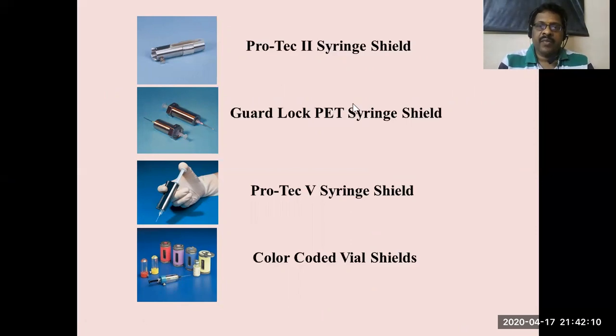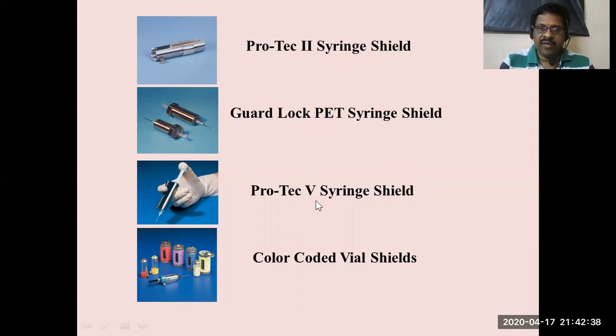There are many shielding equipments available in this regard. For example, the Protect syringe shield. While administering the injectable formulations, this syringe shield can be used. That will protect from radioactive hazards. Like that, the PET syringe shield in positron emission tomography scanning procedures, the syringe shield will be like this.